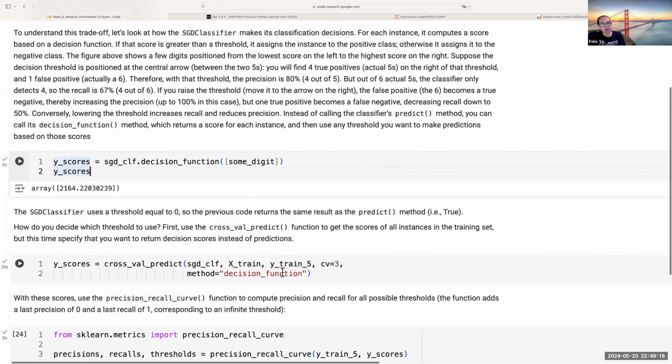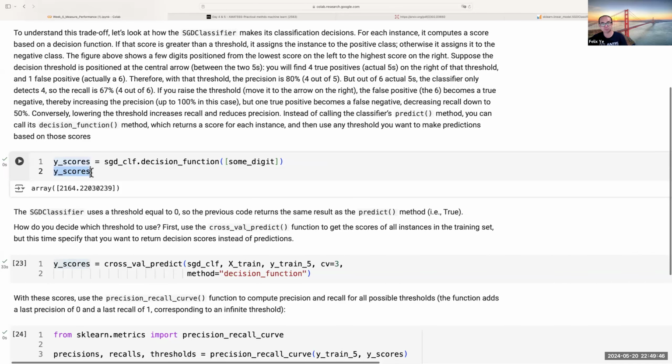But that's the score, and you can see how we decide which threshold we can use. The way we can do it is to use this cross validation predictor instead of using the accuracy or other methods. We can call the decision function to output the scores.